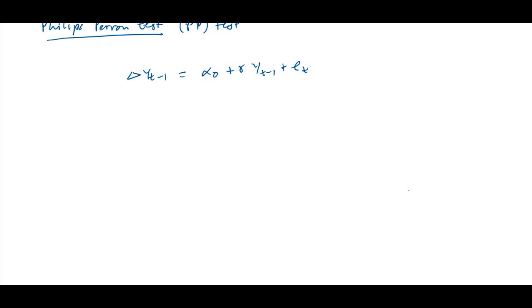For the Phillips-Perron test, delta yt equals alpha naught plus gamma yt minus 1 plus the error term. Now this error term might be serially correlated, while the ADF test corrects for the higher order serial correlation by adding the lag difference terms at the right hand side.